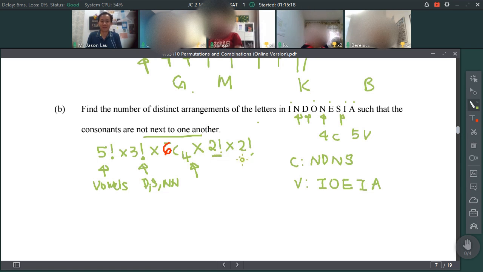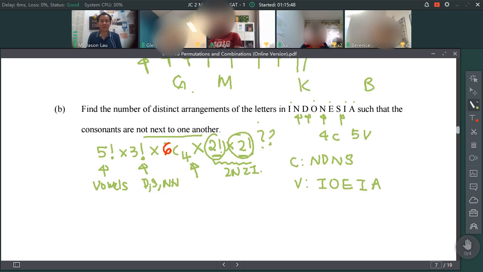Then I don't know, because I thought that there's 2 N and 2 I. So I thought within one group, you group them together. Wait, question mark. Okay. Actually, these two should be divided, not multiplied.